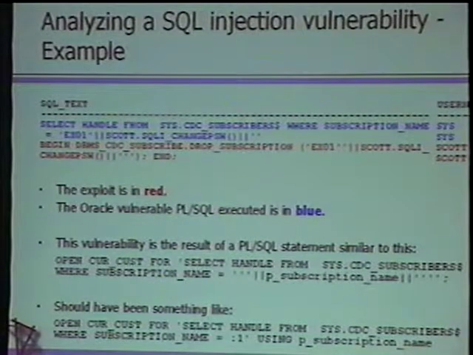This view can only be used by DBAs. For example, in the vulnerability in the drop subscription procedure, if we execute the query we have just seen, we can get this. In red is the exploit that was executed as the user's code, and then in blue we can view the vulnerable PL/SQL code inside the Oracle package.